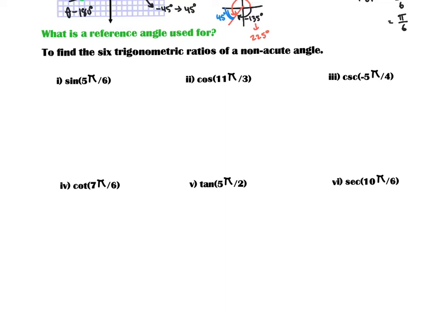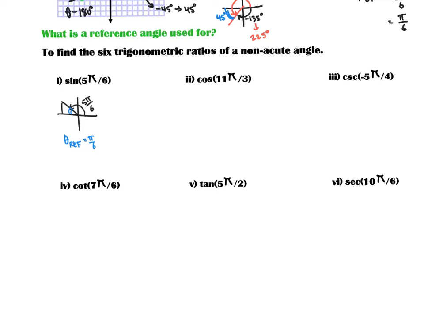So sine of 5 pi over 6: the reference angle for 5 pi over 6, since it falls in quadrant 2, here's 5 pi over 6. Its reference angle right here in blue is pi over 6.